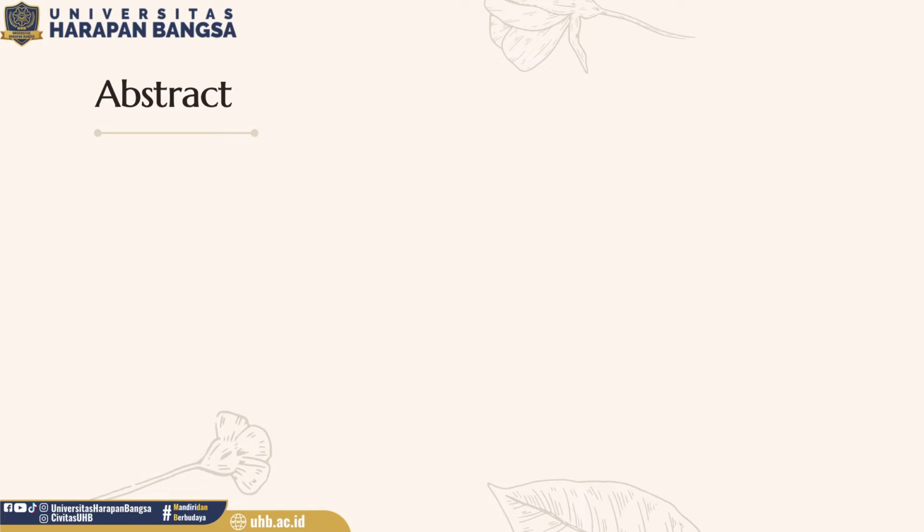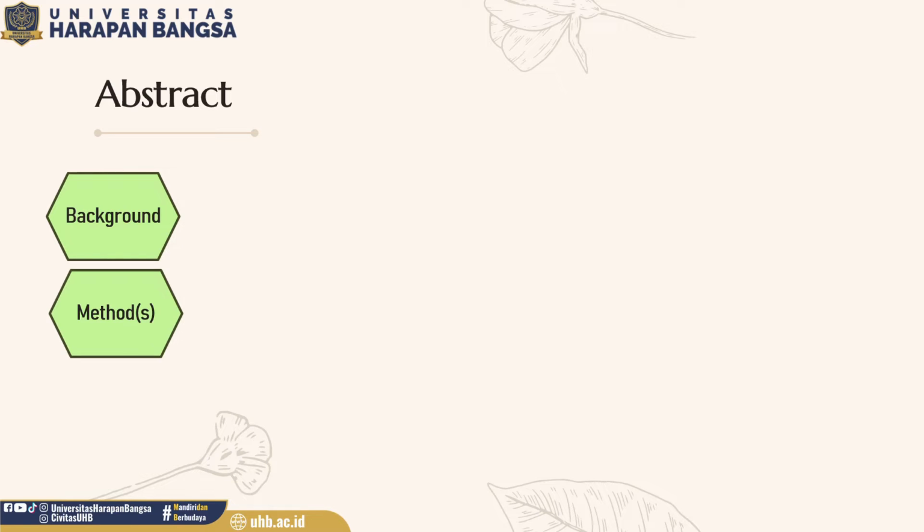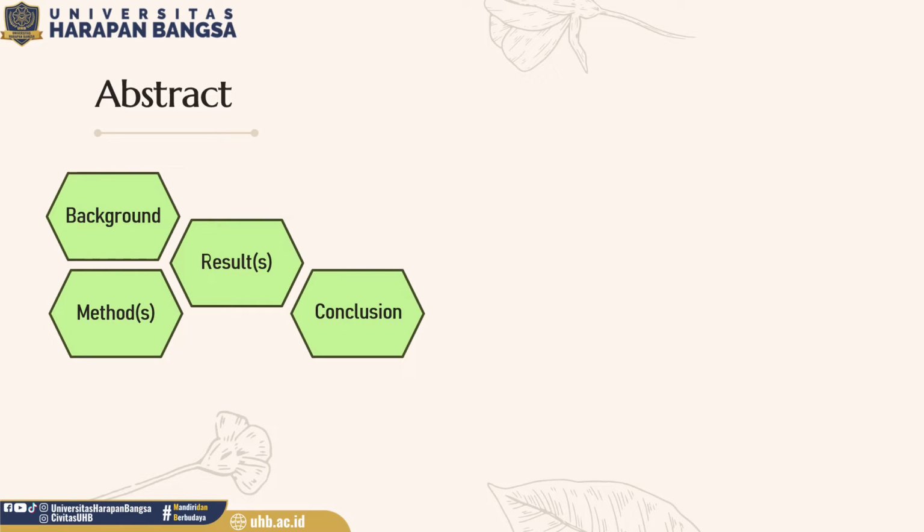Next, abstract. An abstract is a short summary of research. It consists of specific sections such as background, including purpose, problems, and also reasons, methods, results, and conclusion.